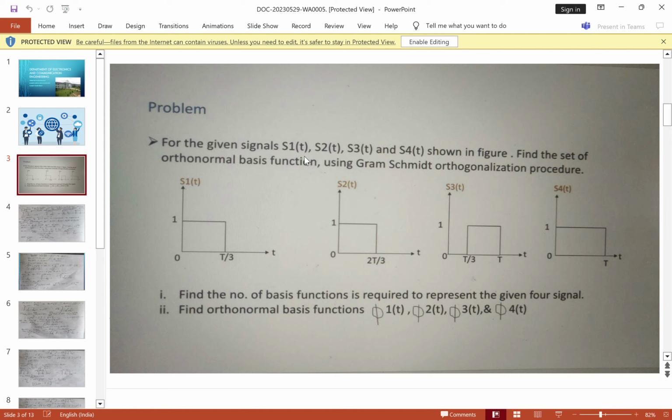First we move on to the problem. Step 1: find the basis function psi1(t). We want psi1(t) equals s1(t) divided by root of E1.